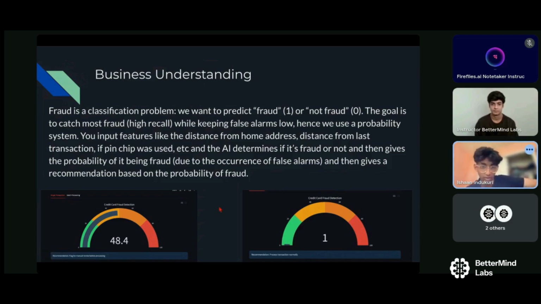For example, the left one gave a 48.4% chance of fraud, and it said to flag for manual review because it isn't too high, but there's still a probability. The one on the right is a 1% probability, which says process the transaction normally. The AI doesn't think this transaction would be fraud. So yeah.